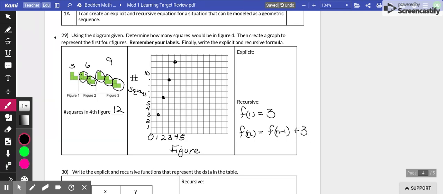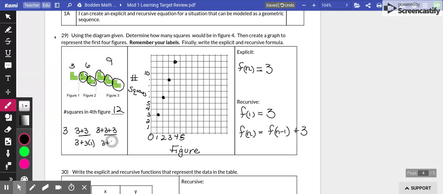All right, explicit. So my explicit function, I know that I am starting with 3. And I have 3, then I have 3 plus 3, then I have 3 plus 3 plus 3. And then, so what do I really have? I have 3 plus 3 times 1.